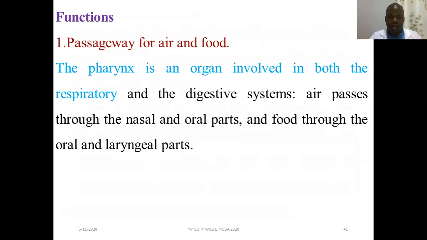Air passes through the nasal and oral parts, and food through the oral and the laryngeal parts. So air is through the nasal and oral parts, breathing through the mouth and through the nostrils, and food through the oral and the laryngeal parts.